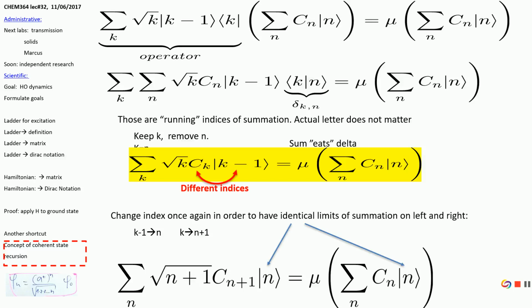So we did plug in the operator in front of eigenstates. So this line is the eigenstate problem for the annihilation operator.